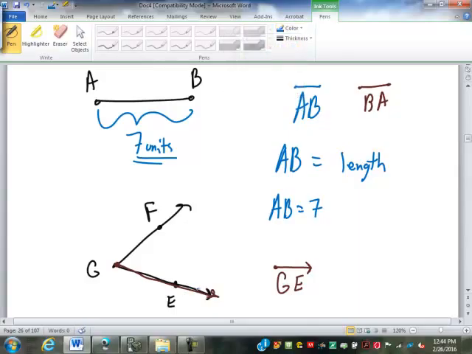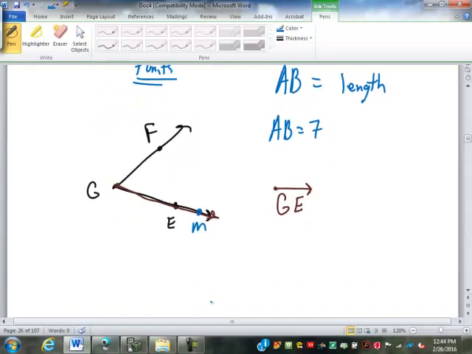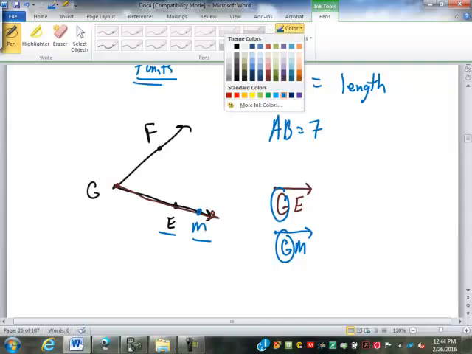Now, if there's another point out here, let's say there's a point M out here, what's the difference between ray GE and ray GM? Absolutely nothing. They name the same ray. When I'm naming a ray, I must name the starting point, but then I can name any point that's along the rest of the ray. It can be the second point that is named for it.